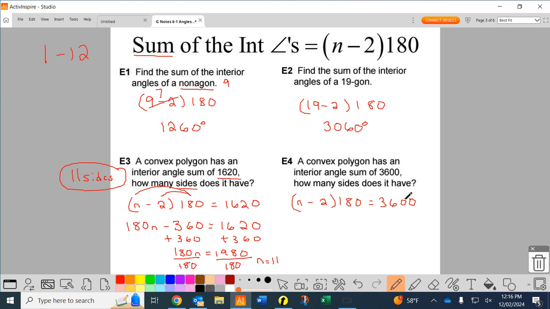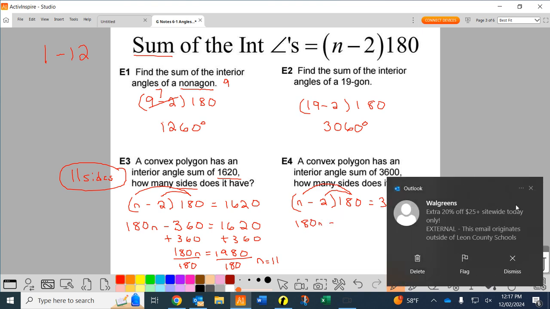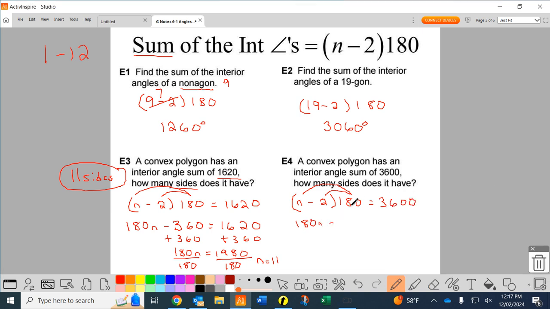You do the same thing you did on the other one, and y'all, it's the same numbers, you don't even have to think about it. 180n minus 2 times 180, which is still 360, equals 3,600.